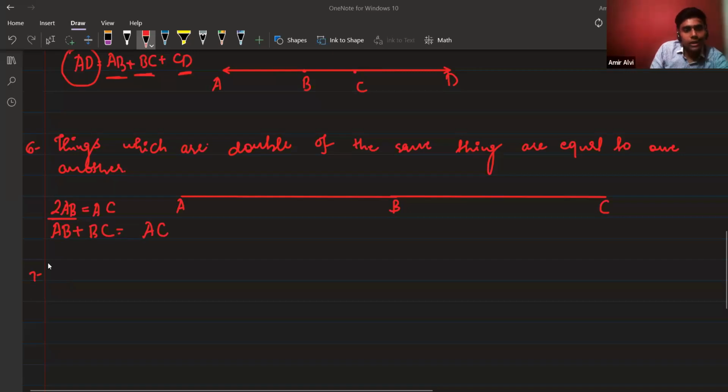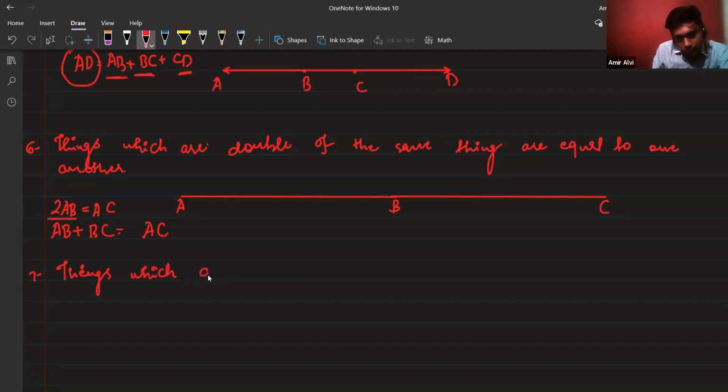So the last axiom is saying that things which are halves of the same thing are equal to one another. किसी चीज को आप हाफ करोगे, एक प्रॉपर चीज है उसको आप हाफ कर दोगे तो दोनों पार्ट बराबर होंगे एक दूसरे के. जैसे डबल वाली बात थी वैसे हाफ वाली पार्ट होगी.